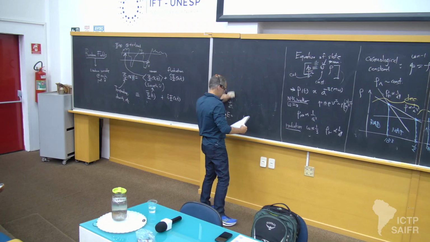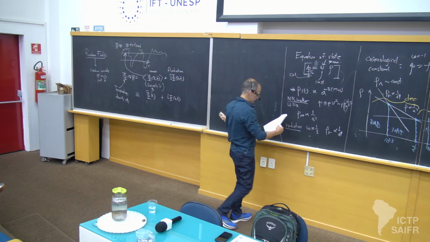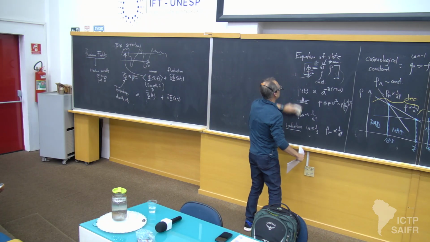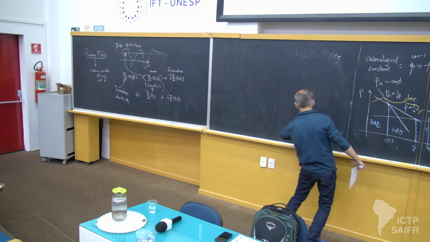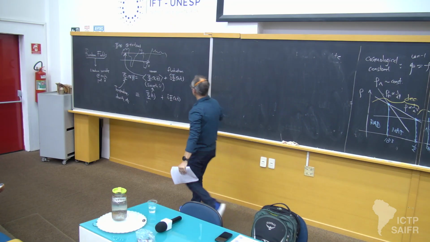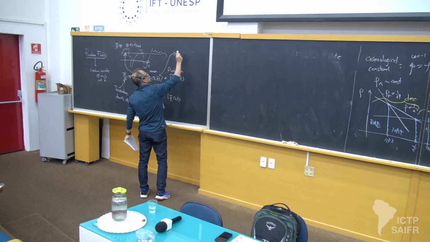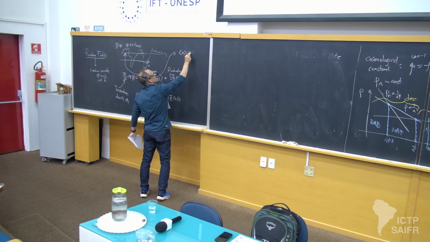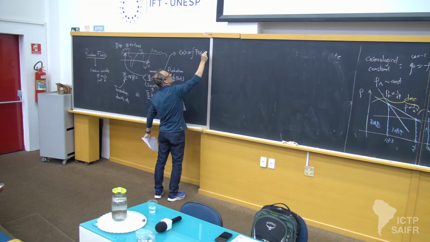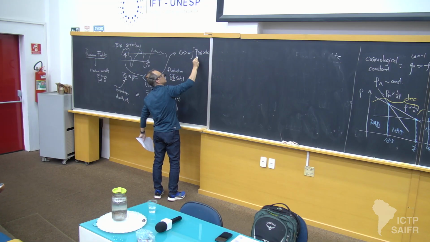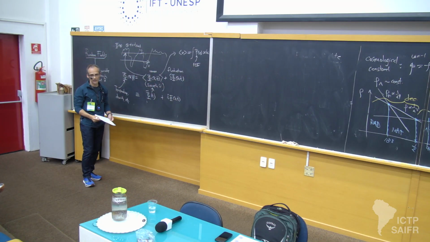So what we mean by these angle brackets that I put there is, as in probability and statistics, the average of a random variable x is its integral over its probability distribution function. So this is the PDF. That's a statistical average.